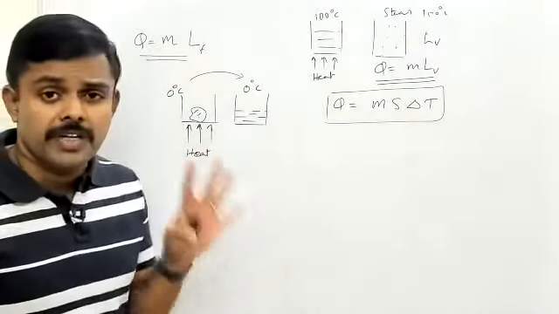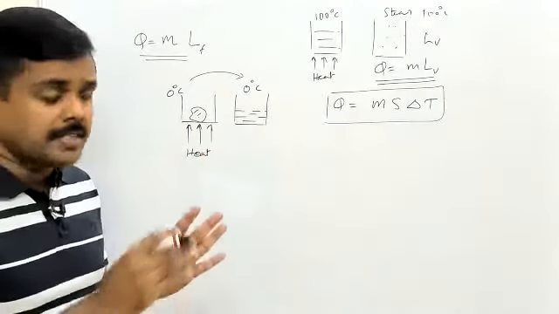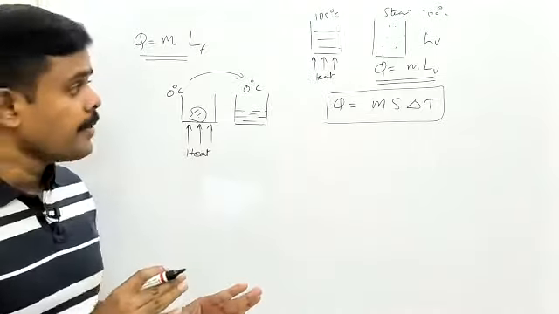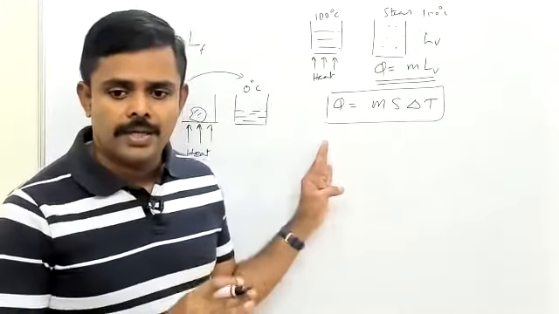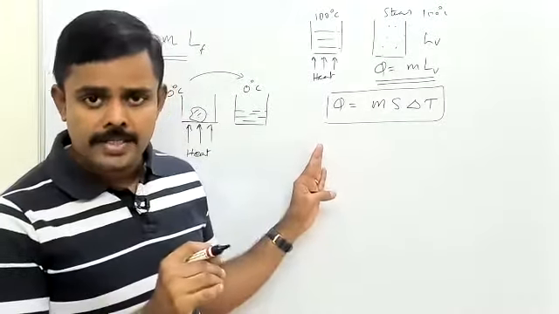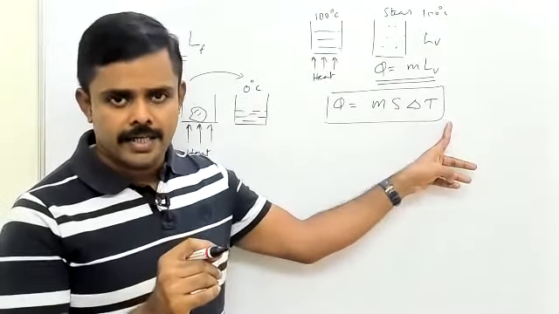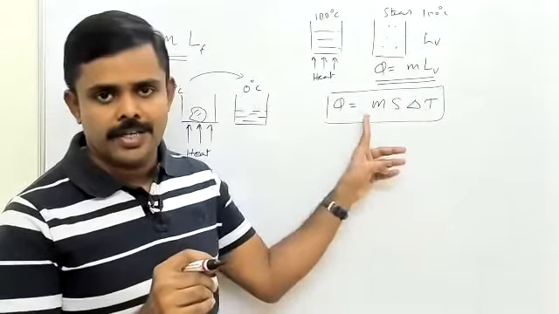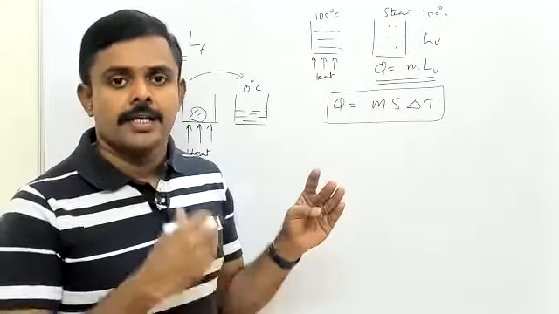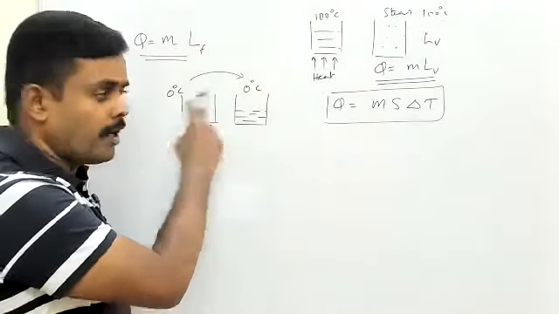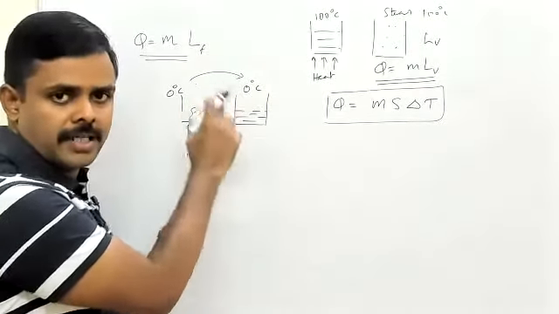I'll quickly repeat this one more time. These three equations are very, very important, and we will see them till the end of the discussions on these four modules. Number one, the heat Q required to raise the temperature of m kilograms of a substance by delta T degrees Celsius is Q equals m s delta T. Then the heat required to convert 1 kilogram of ice to 1 kilogram of water is the latent heat of fusion.